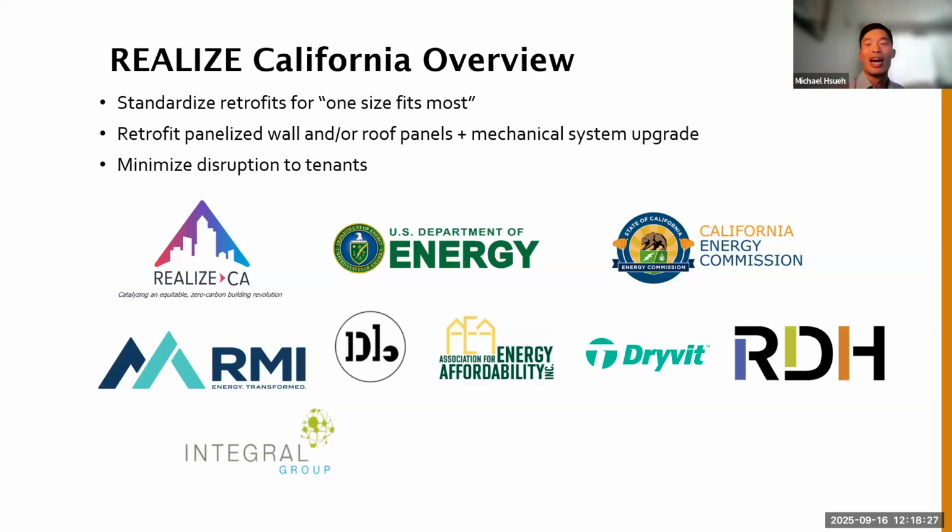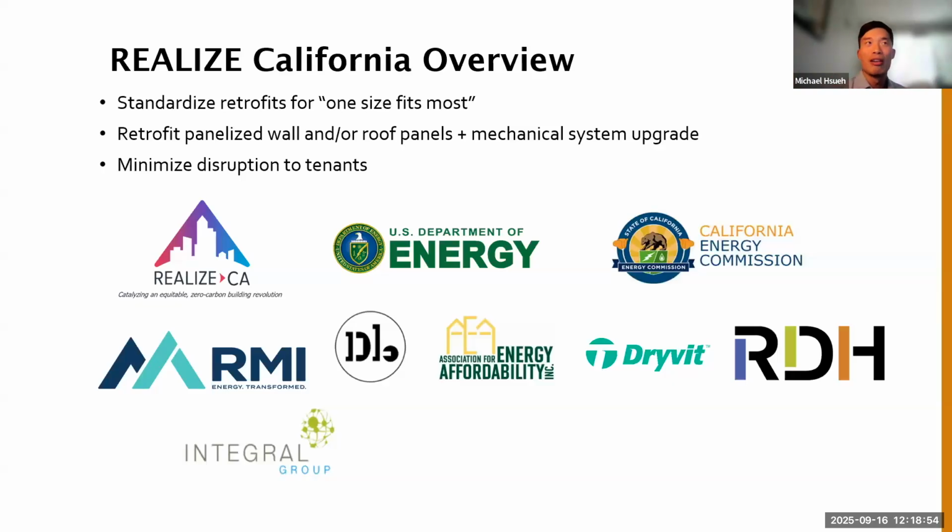The idea was that you try and prove out a retrofit strategy that can fit as many typologies as possible. Obviously, every building is unique and you need to accommodate those unique features, but to scale up to a larger number of buildings across, say, California, you want to find something that applies to as many as possible.